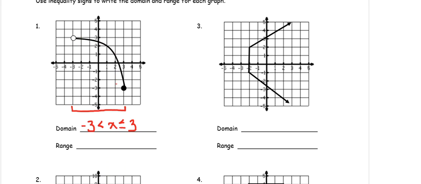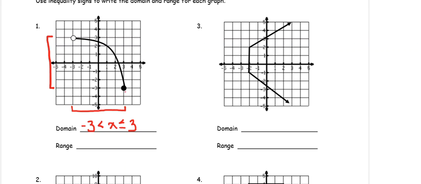In the range, you're going to be looking at it vertically, because that's how y's roll. And like I said, you want to look at the smallest value first. It's easy to go left to right, but this time you want to go down to up, because you always want to have the smallest values to the left.